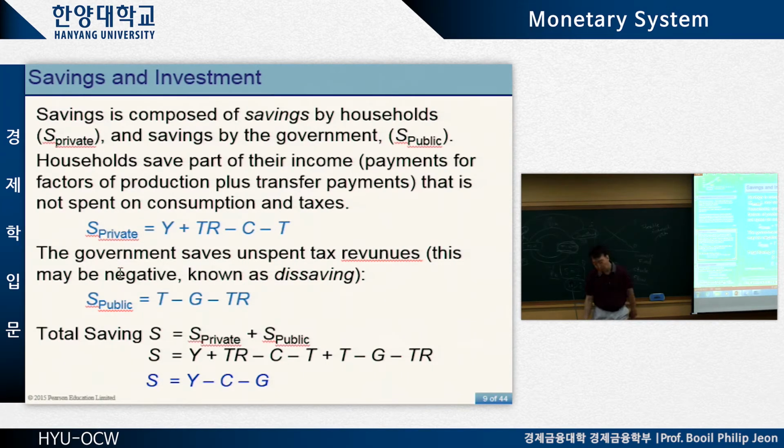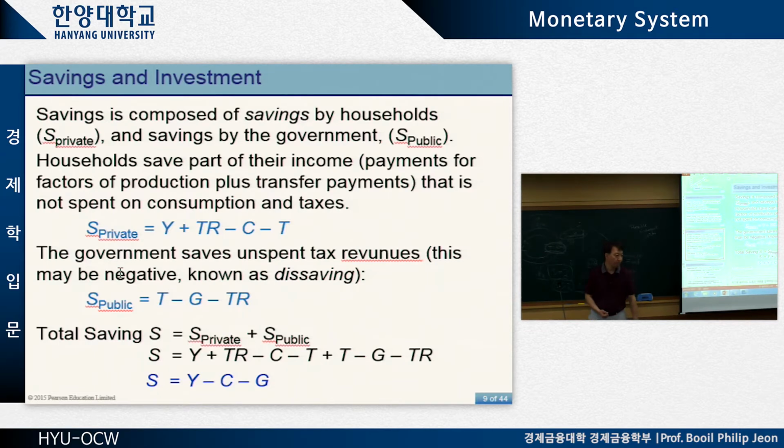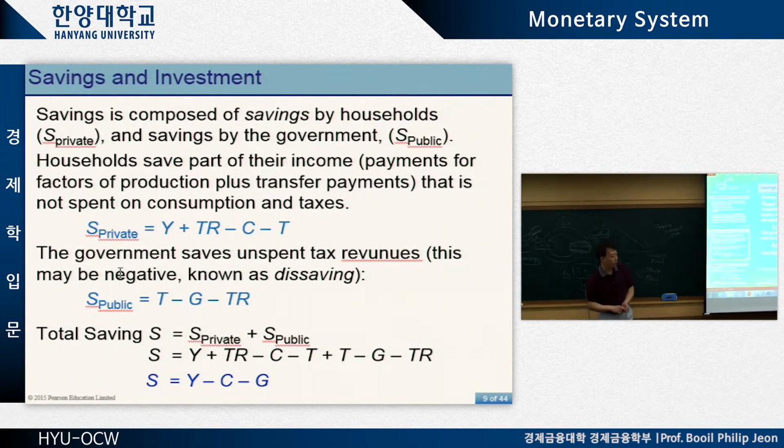Government has only one source of income. Government does not provide and produce anything. They don't sell anything. They only charge taxes, right? They collect taxes from the individuals and the businesses, right?